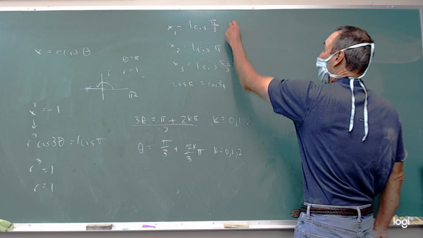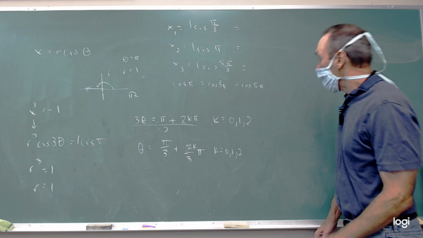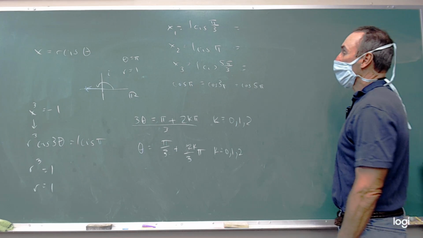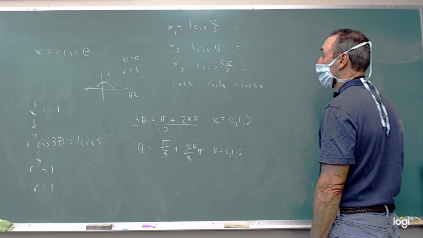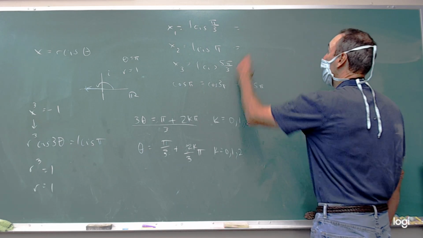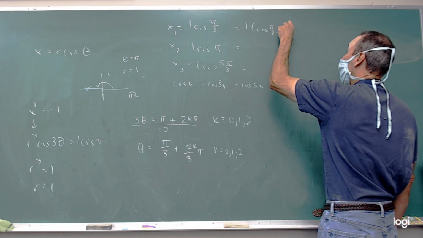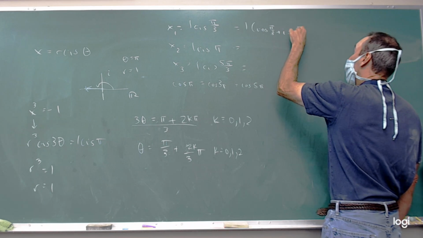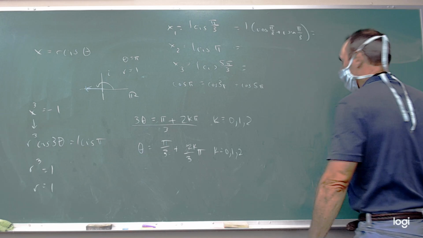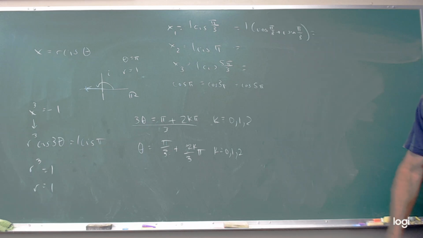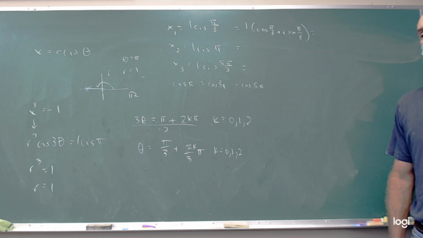Let's write them in rectangular, because we know these. So we've got 1 times cosine of pi over 3 plus i sine of pi over 3. With me? You have to move your head so I know you haven't nodded off.